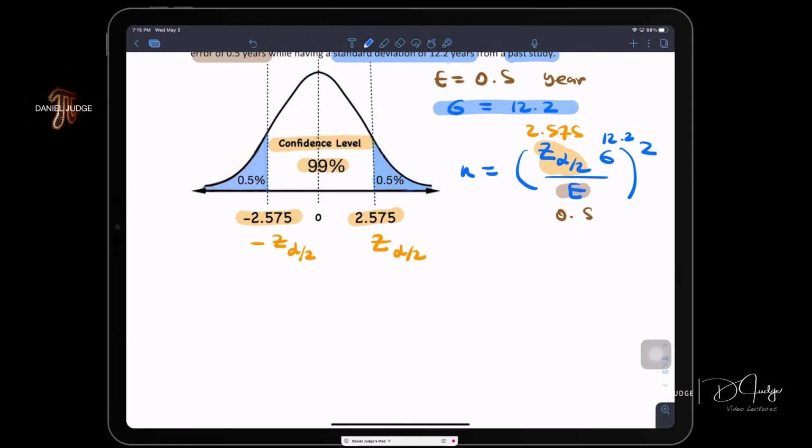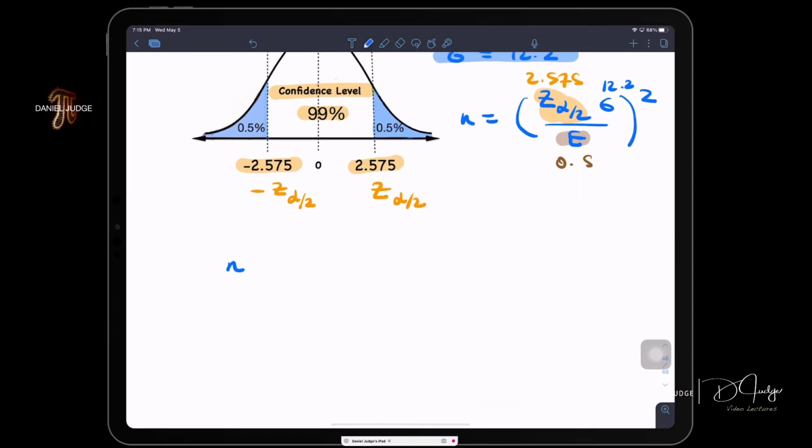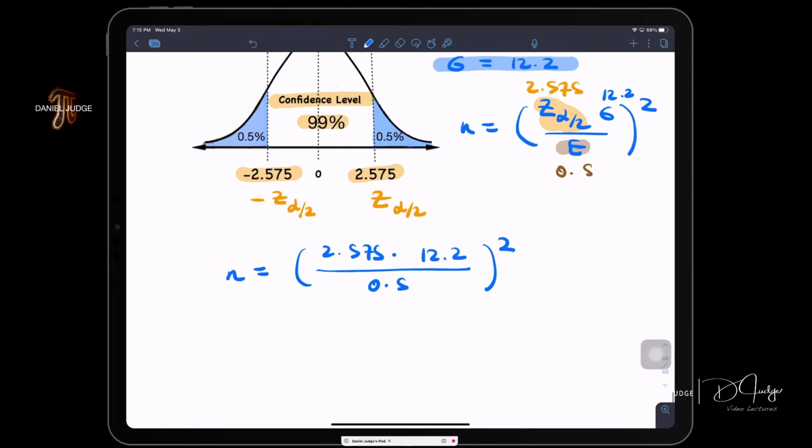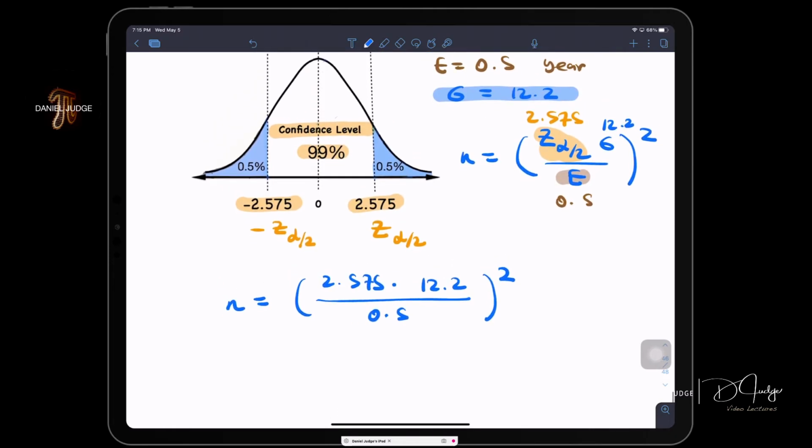So altogether, to estimate the new sample size, we have n is 2.575 times 12.2 over 0.5, and then everything is raised to the second power. So we're getting all the information here. We're going to punch that all in the TI calculator.